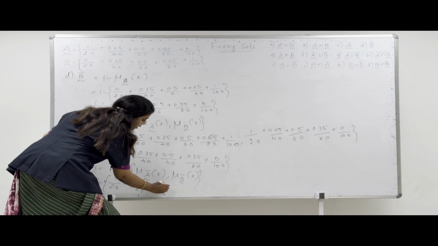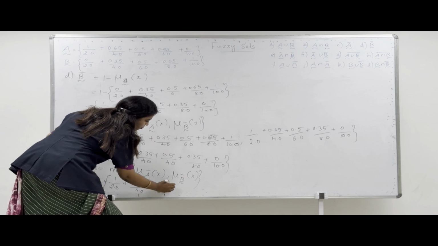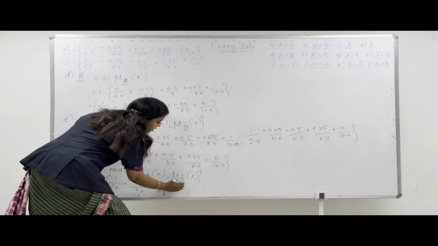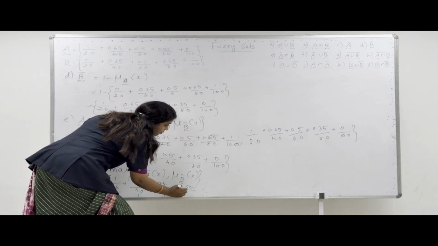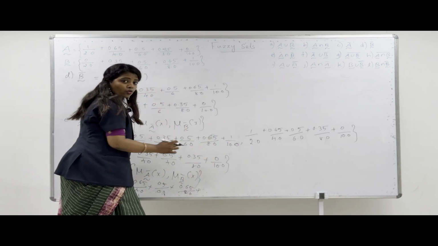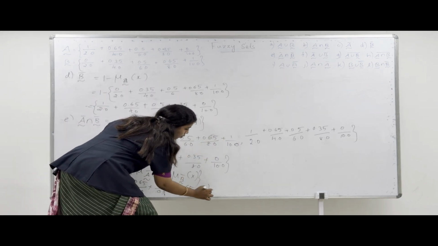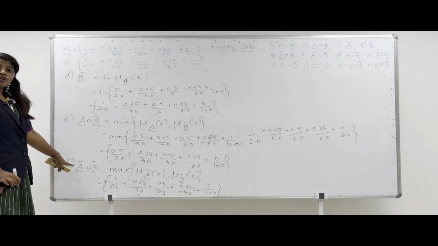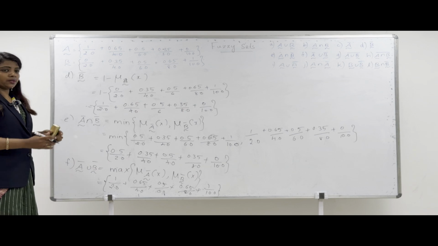So, both values are same. So, you can write 0.5, then 0.65 and 35. So, maximum is 0.65, 8.0 plus 1 and 0, 1 is maximum. So, 1 by 10.0. So, this is the value for A bar union B bar.